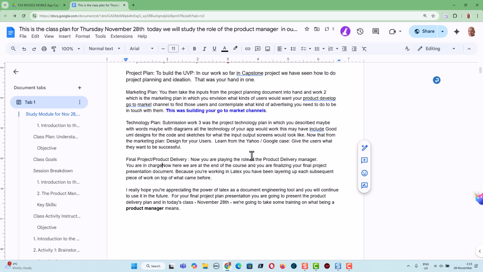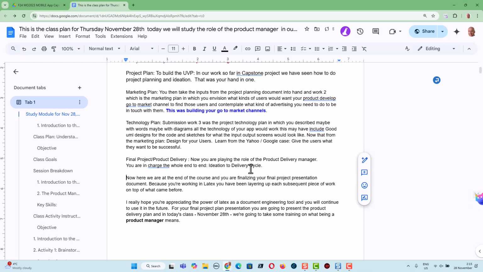Of the whole end-to-end ideation to delivery cycle. So in the real world, what this would look like at work is it starts with your project planning document.